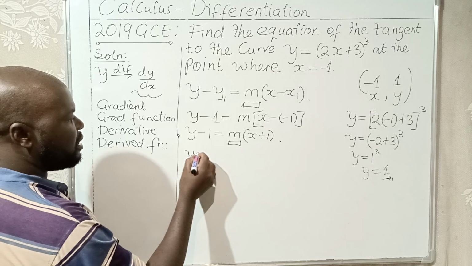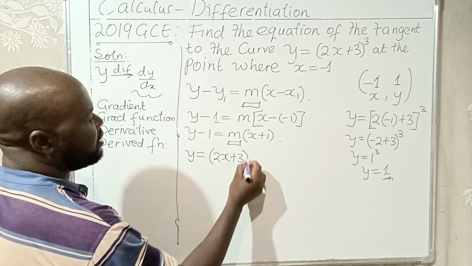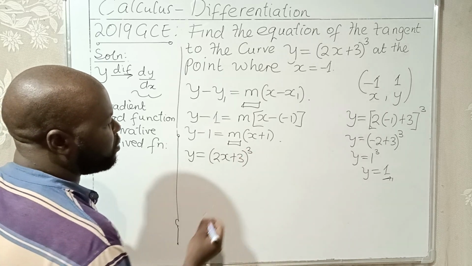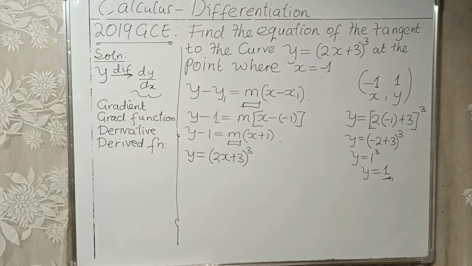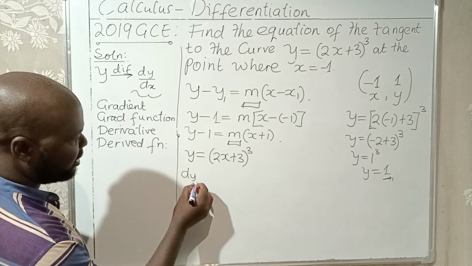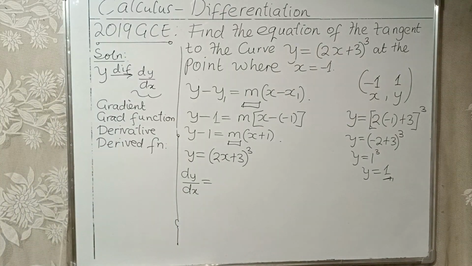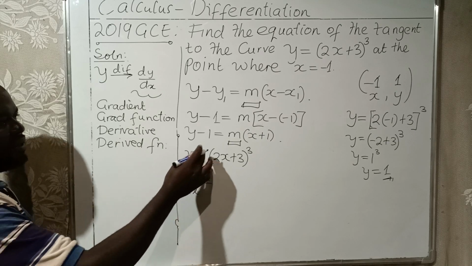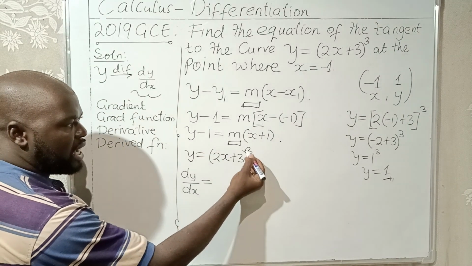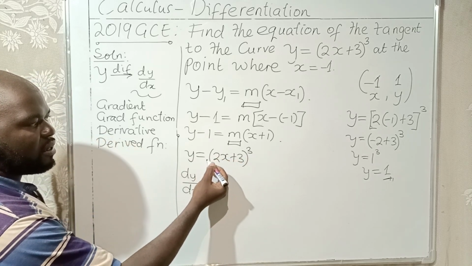What we have is y is equal to (2x plus 3) indexed to 3. Differentiating this, we shall apply the chain rule, which says we shall multiply the index by the coefficient at the front here.